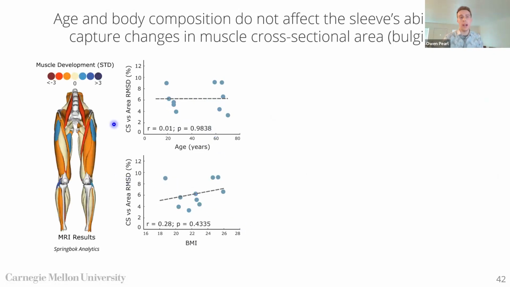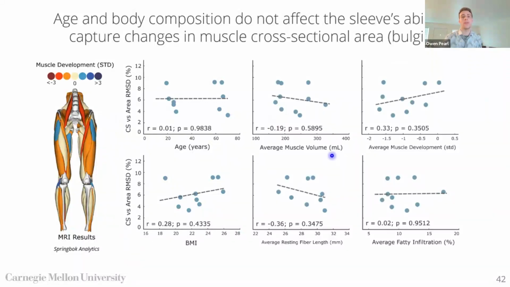We even took MRI data to see how that would change with muscle volume, muscle development, resting fiber length, and fatty infiltration. And it didn't seem that there were any statistically significant trends. So even across a pretty wide range of body compositions, the capacitive sensing signal is very consistently a measure of that muscle cross-sectional area change.